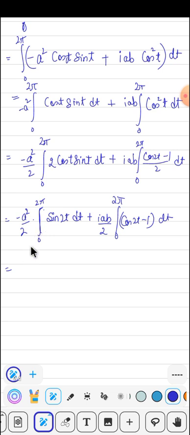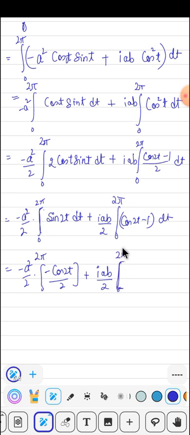Now we can integrate. I am left with a square upon 2, 0 to 2 pi, sine 2t will become minus cos 2t upon 2, plus i a b upon 2, 0 to 2 pi, cos 2t will become sine 2t upon 2 minus t.